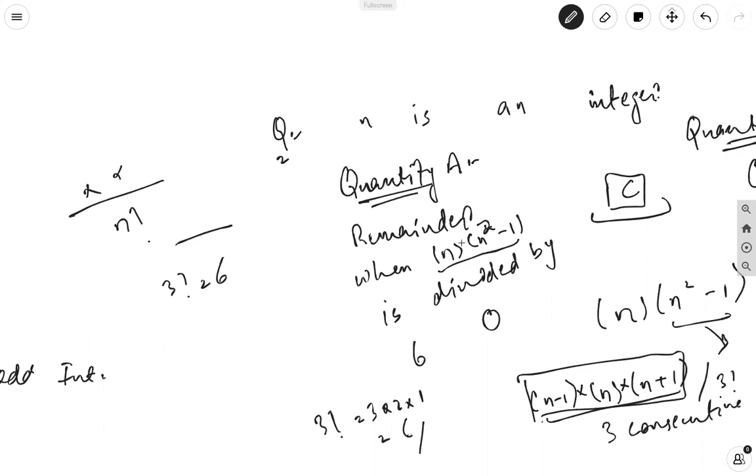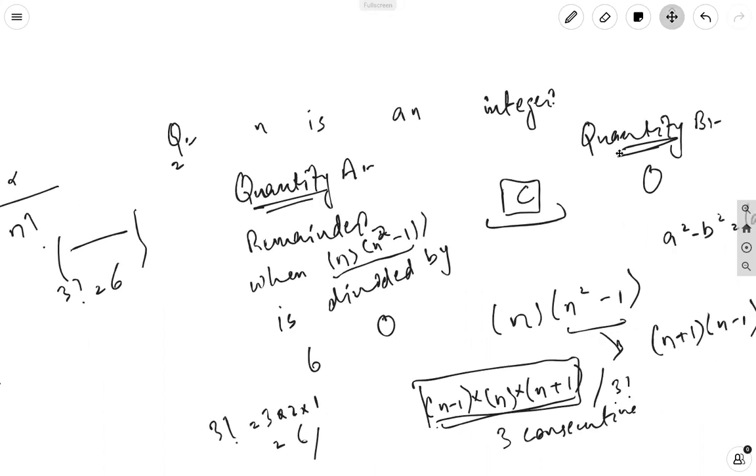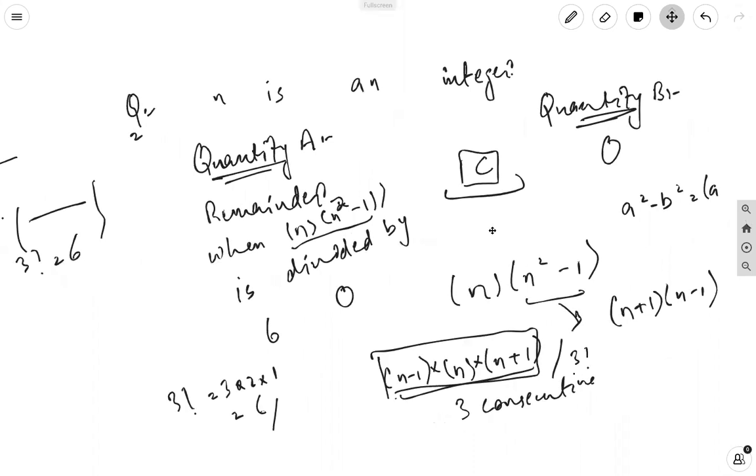That is what the question is asking: the remainder when this thing is divided by 6. And in actuality, this is divisible by 6, so the remainder is 0. Quantity A came out to be 0 and quantity B is already 0. That's why the answer is C. Got it? Okay. Perfect.